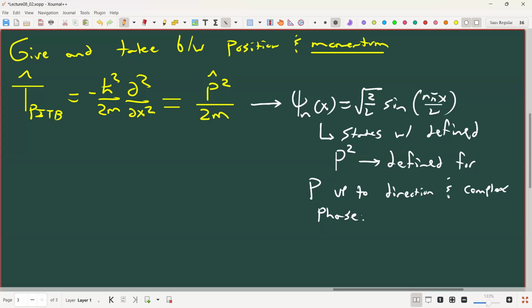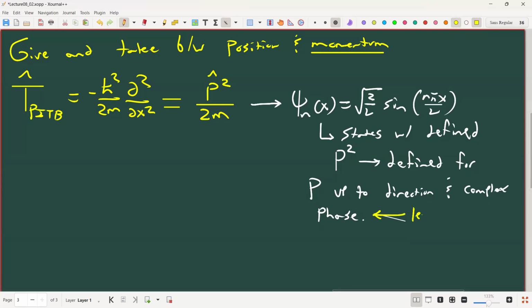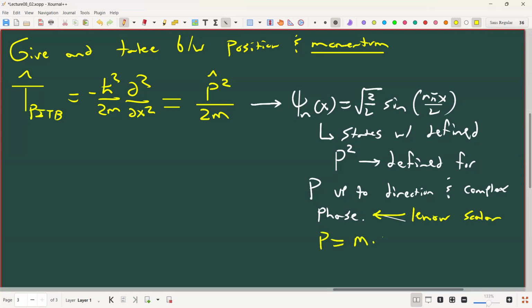And we know the scalar part of the momentum, roughly what mv is in terms of the scalar, nothing about the direction or the phase. Classically, that's its mass times the absolute value of its velocity.